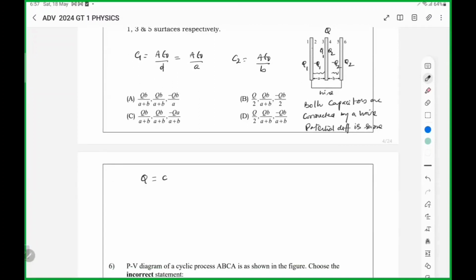That is Q here is CV. So once V is same and Q by C is constant, Q1 by C1 is Q2 by C2.